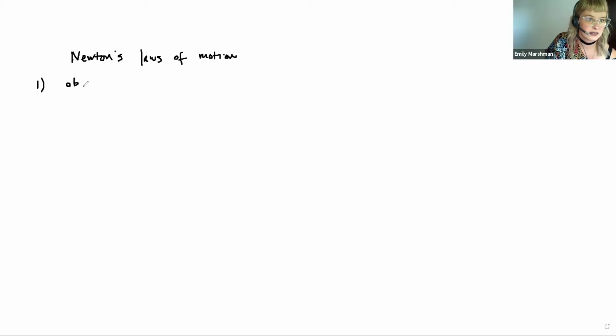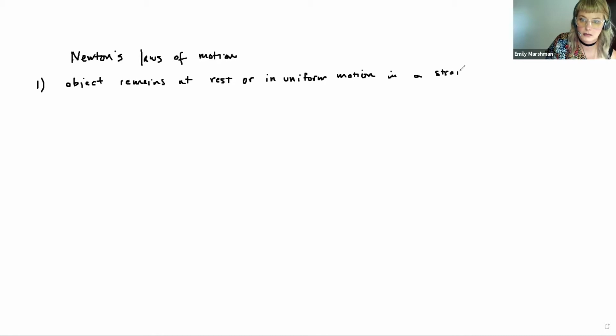So an object remains at rest or in uniform motion in a straight line, unless it is acted on by an externally imposed force.